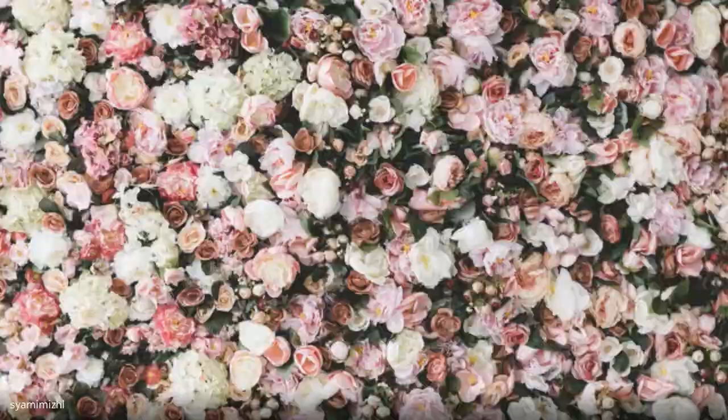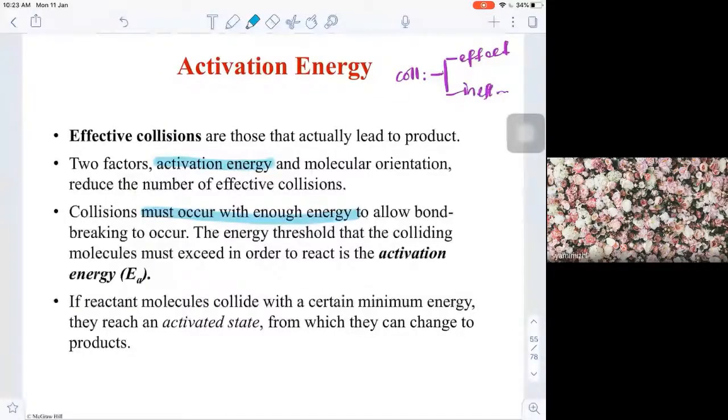And then the second requirement for an effective collision is that the collision must occur with the appropriate molecular orientation. These are the two requirements for an effective collision. First, an effective collision must have enough energy, or the collision must achieve the activation energy.